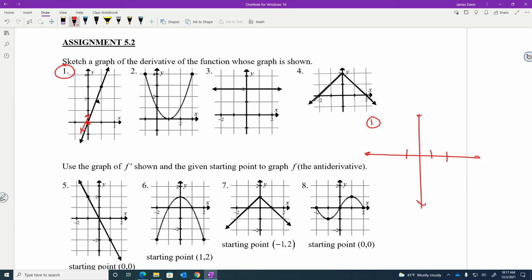Yeah, it's going to be 3 because you can see from this dot to this dot, it's up 3 and over 1. And this is just a straight linear equation. So all of these would have a derivative of 3. At 0, it's 3. At 1, it's 3. At 2, it's 3. So then our equation is just going to be basically a horizontal line at 3, saying that the slope is a constant 3.